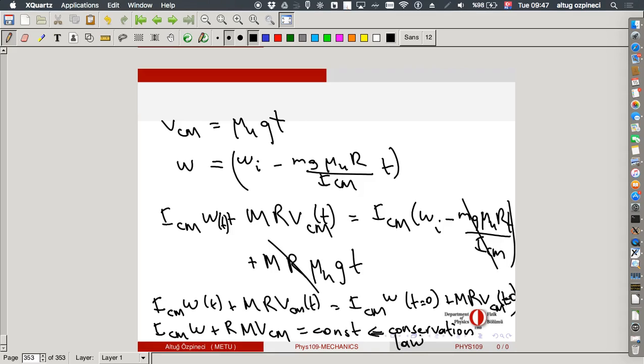Now, of course, we showed this conservation law only for the example of the yo-yo, but now we will prove that this is, in fact, a general conservation law. Now, you see here, in this conservation law, we have some expression like mass times the velocity, which we know is the momentum. And this conserved quantity, we will call it the linear momentum.